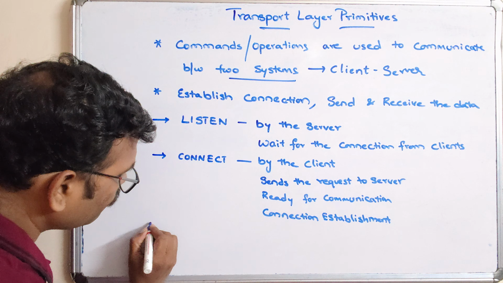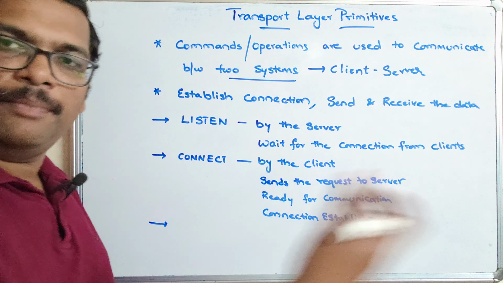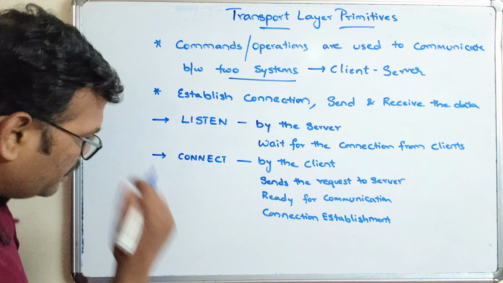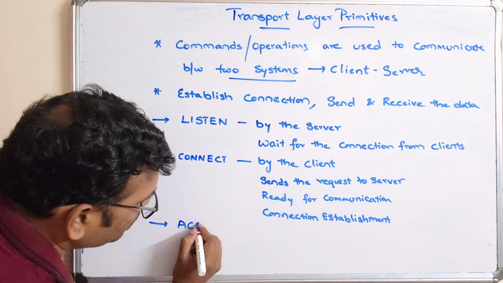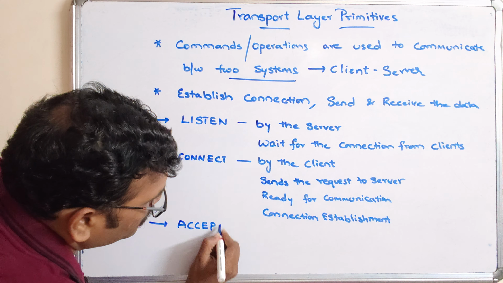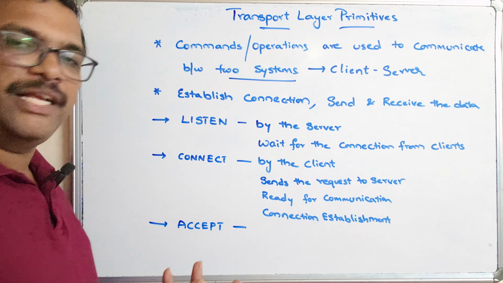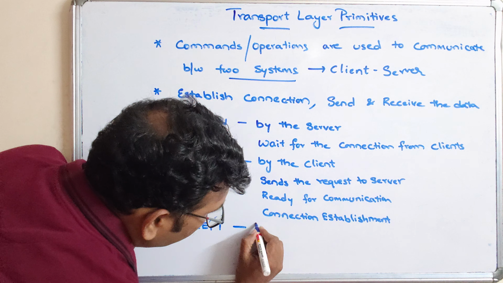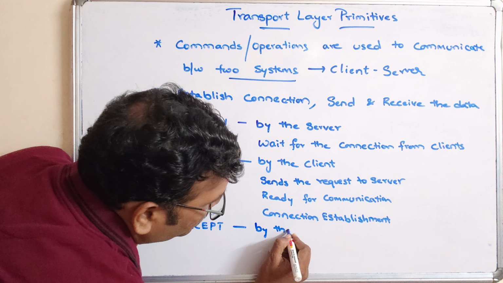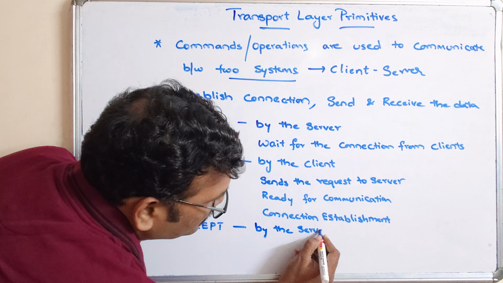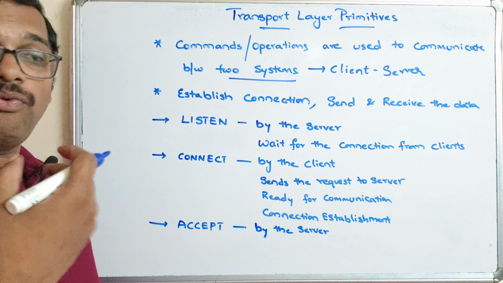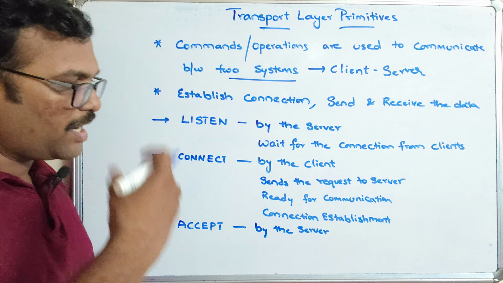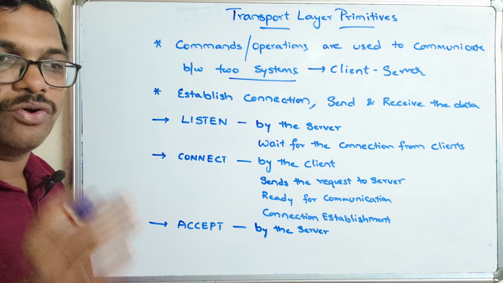And the next one, once the connection request has been made, is ACCEPT. What does it mean? This is done by the server again. Whatever request it gets from the clients, it will be accepting.